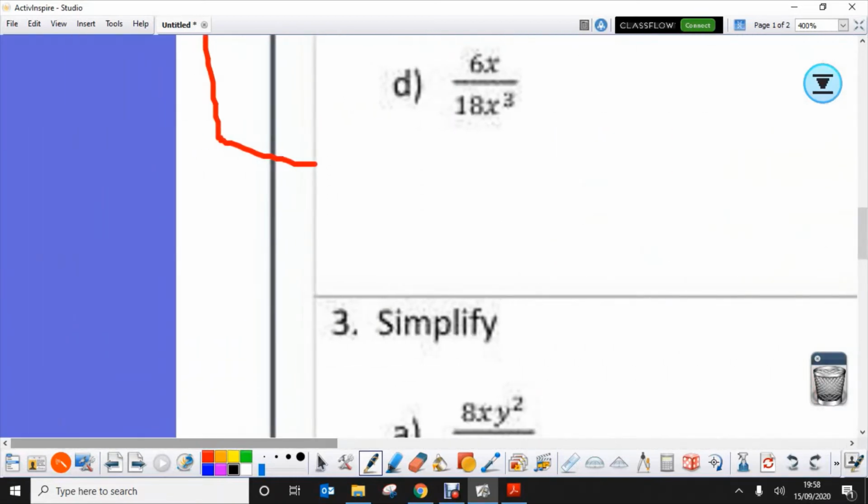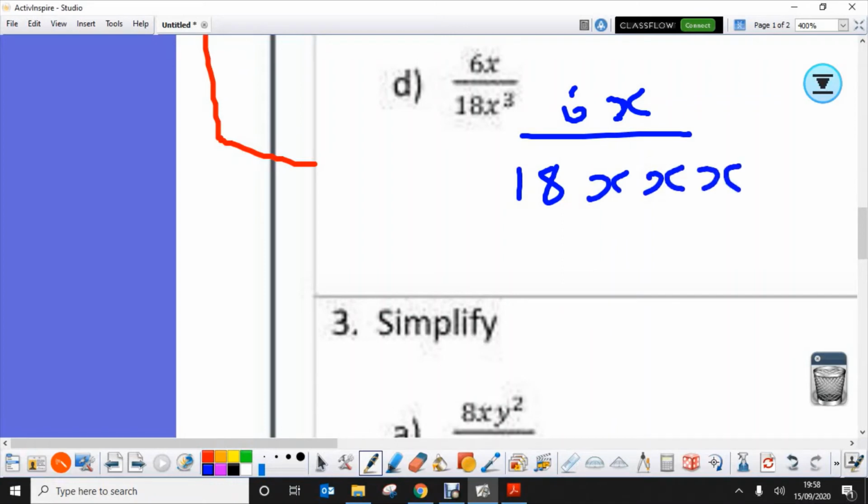You choose whichever way works best for you. Okay, question D. Again, we're back to a point where I'm just going to write out what I've got. 6 times x over 18 times x times x times x. Exactly the same process. I'm just going to cancel them down. 6 goes into 6 once. 6 goes into 18 3 times. x goes into x.